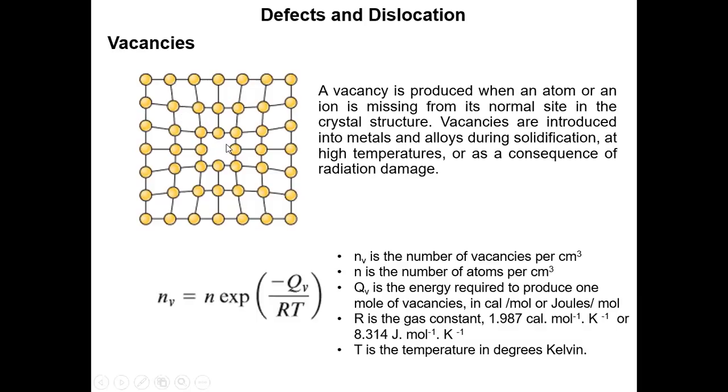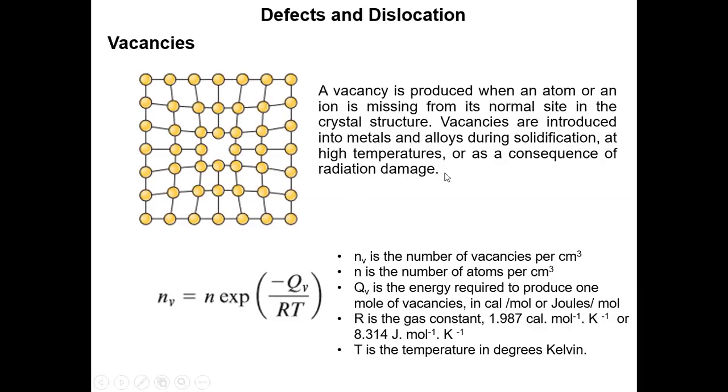This is usually an occupied site, but that atom is missing. So there is a vacancy. Right? Vacancies are introduced into metals and alloys during solidification at high temperatures or as a consequence of radiation damage.